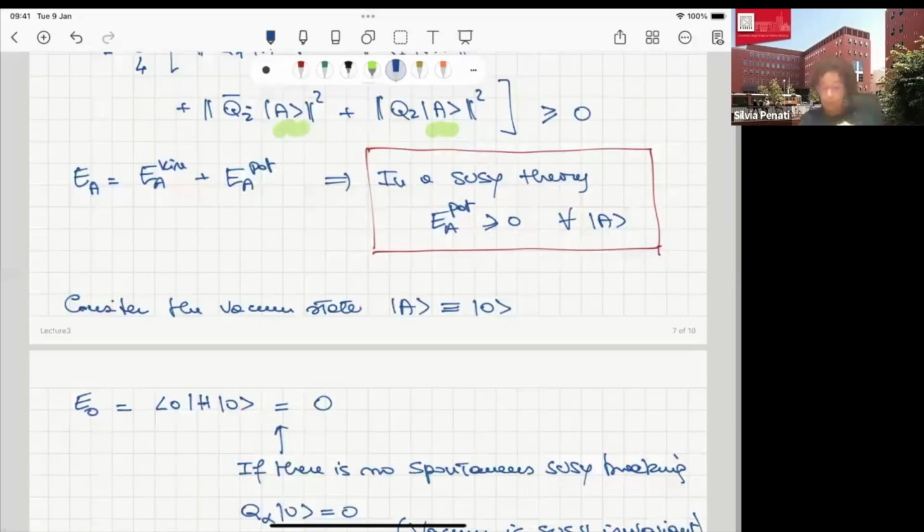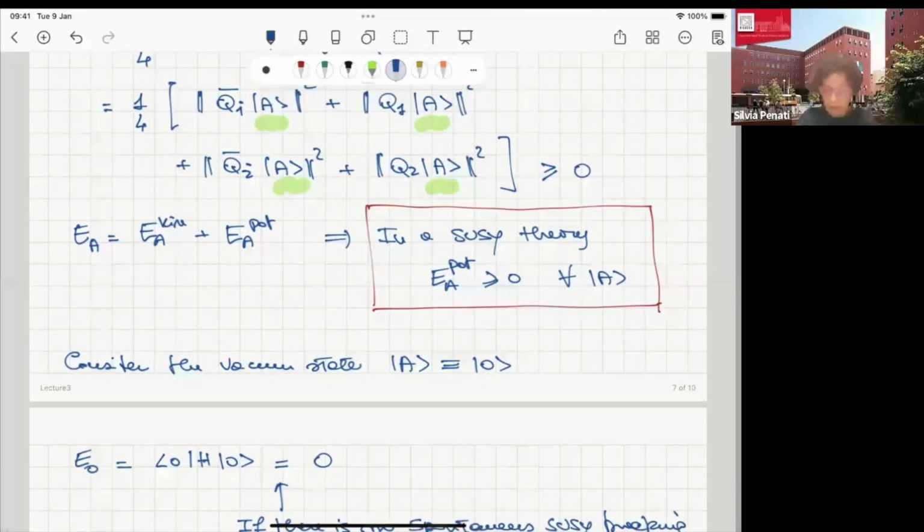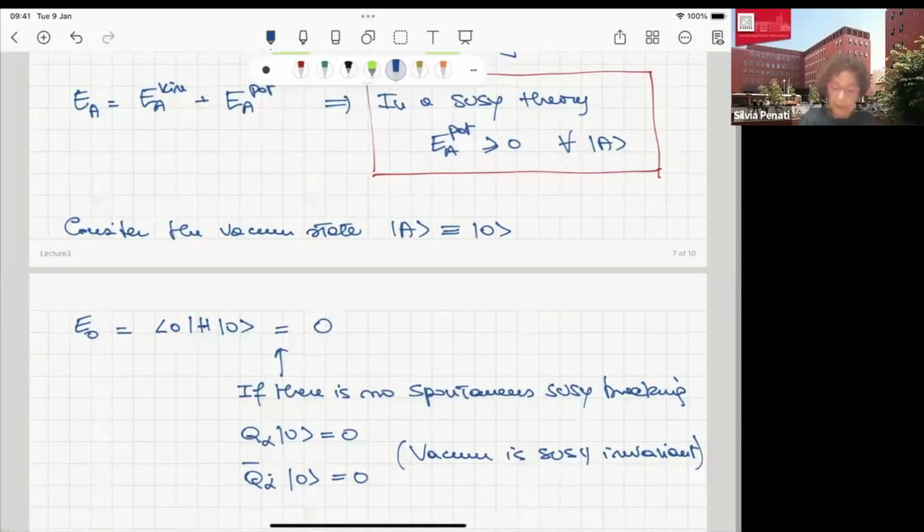And you can even realize, putting all this information together, that this is basically a necessary and sufficient condition for having supersymmetry preserved at quantum level. So if your quantum theory preserves supersymmetry, then the energy of the vacuum state is necessarily 0.